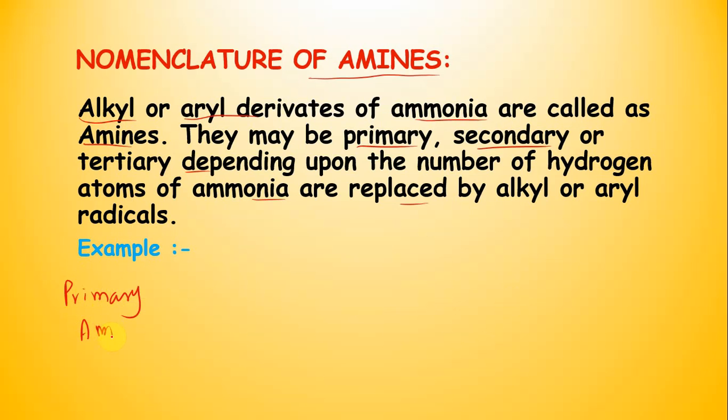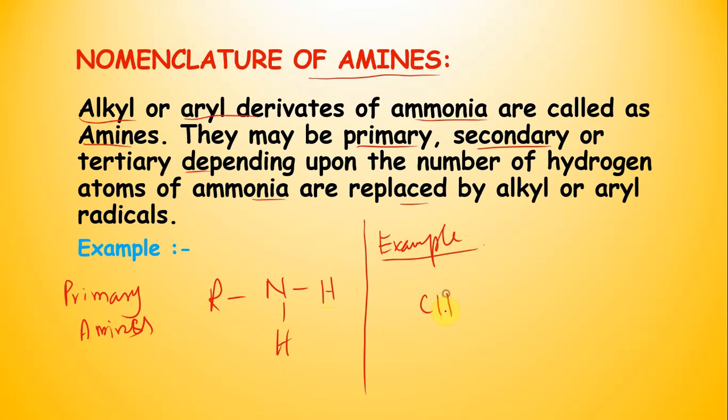Primary amines are those where there is only one alkyl radical attached on this NH3 group. So this will be the primary amine, where only one radical is attached and the remaining NH2 is there. An example of primary amine is CH3 methyl attached here.